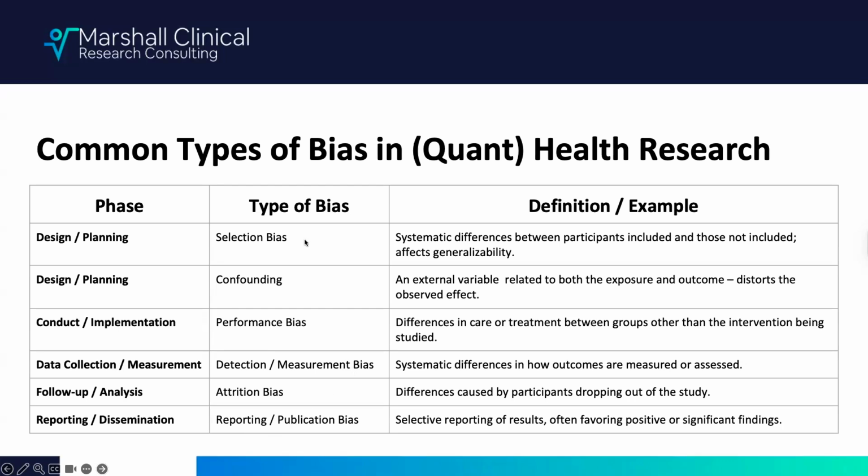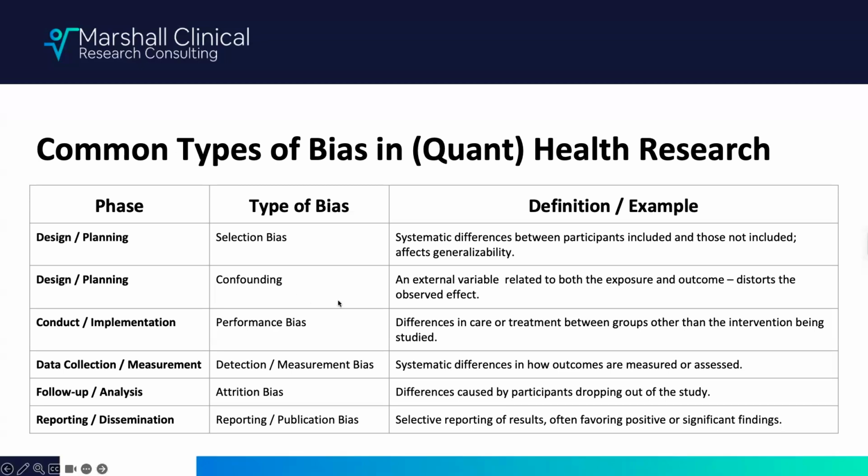Selection bias is maybe selecting one group of people and not another, and not having a random distribution in your sample population, which can lead to systematic differences between the participants and can affect generalizability.